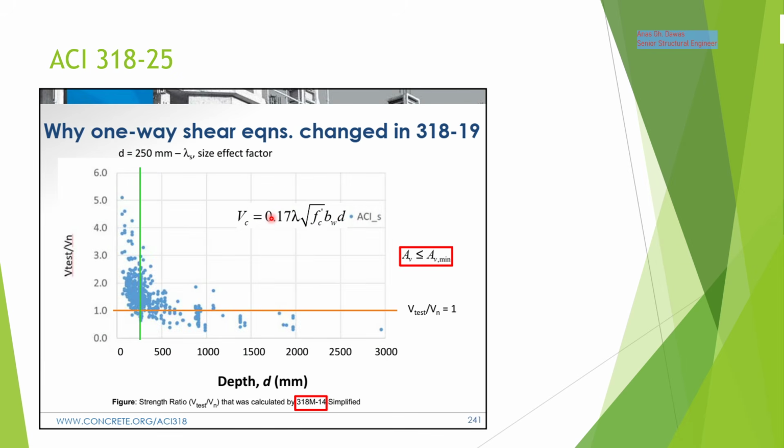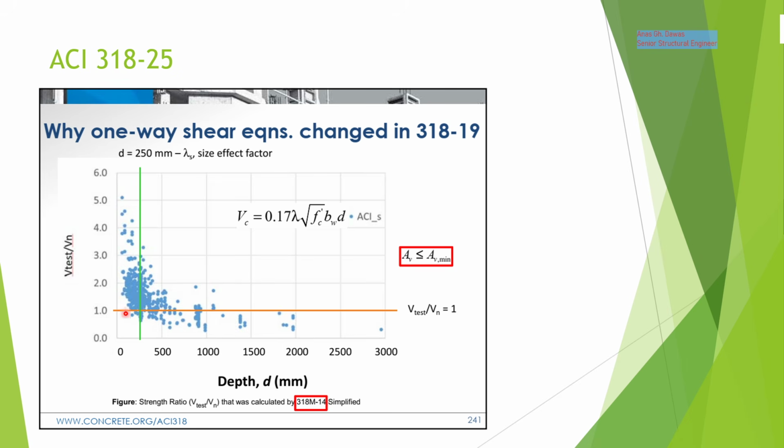So what they found, in fact, these results will be very interesting for all structural engineers to understand why ACI changed the equations in ACI 318-19. If you look here, this equation has been used in ACI 318-14. This is in metric units, okay? In fact, these samples were tested without minimum shear reinforcement.